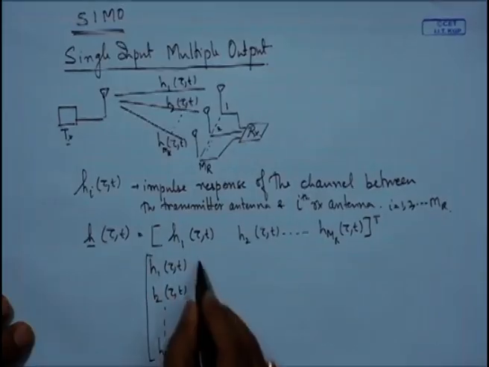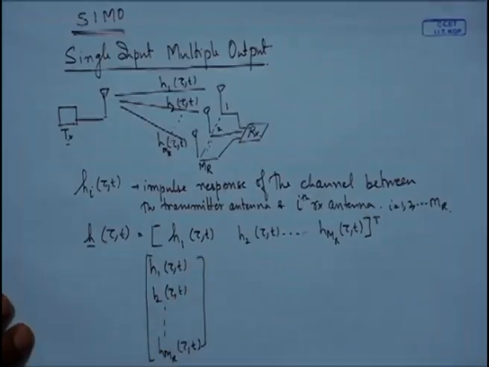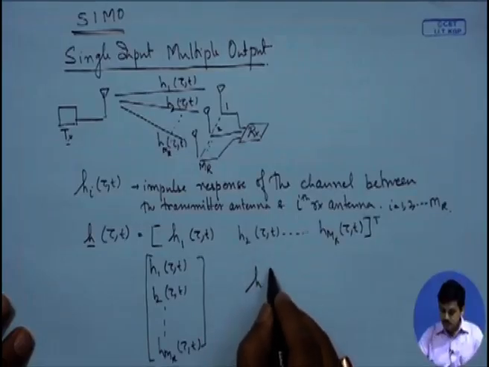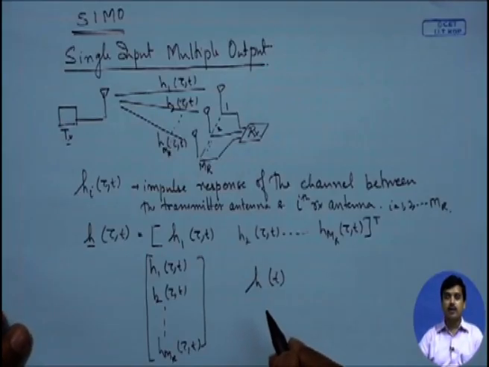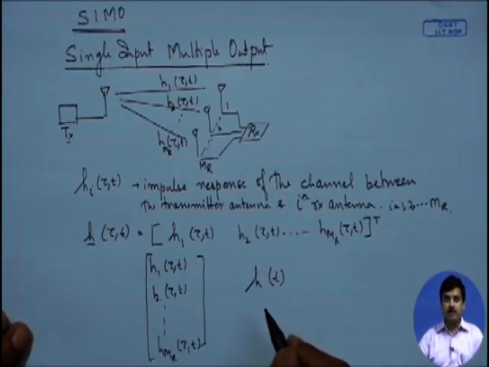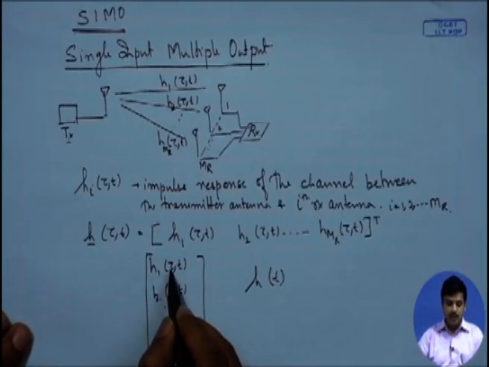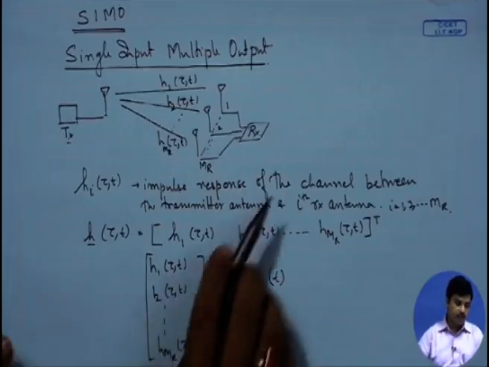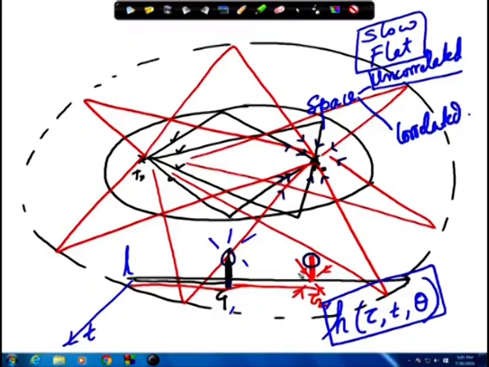Although we are writing it in this way as tau comma t, most of the time we will be interested in talking about h of t, because we will assume flat fading. Flat fading would mean that all the multipaths are at the same point. That means in this particular picture, the red color is not present. That means only the black is present.